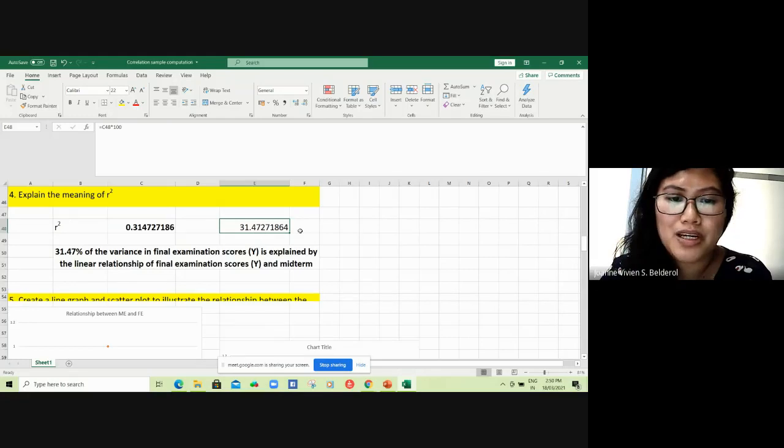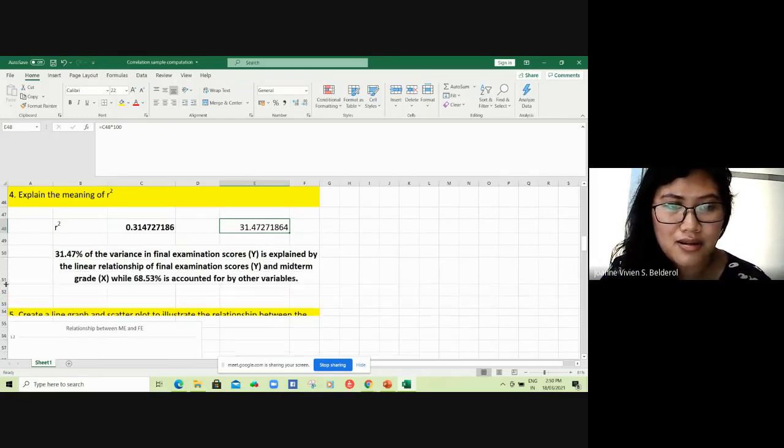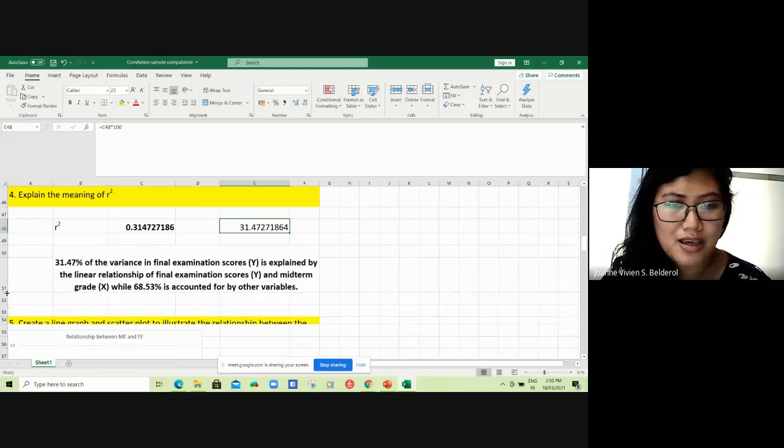To interpret it, you simply say 31.47% of the variance in final examination scores Y is explained by the linear relationship of final examination scores and midterm grade, while 68.53% is accounted for by other variables.